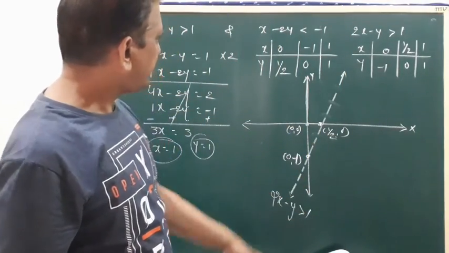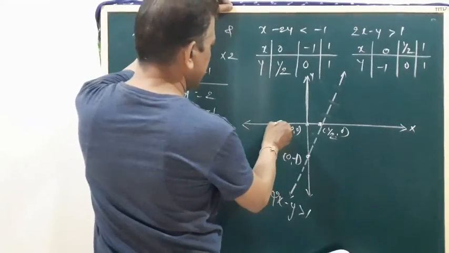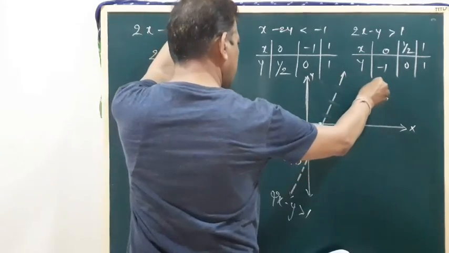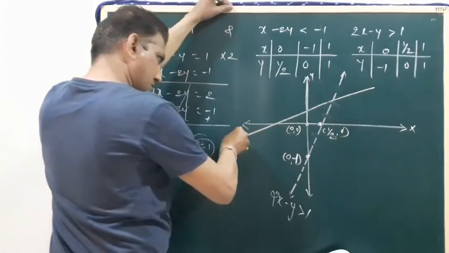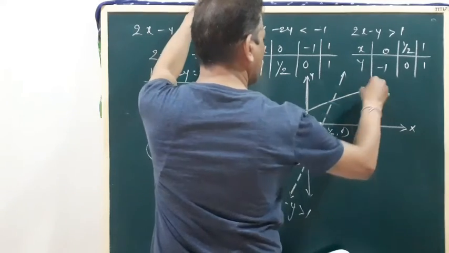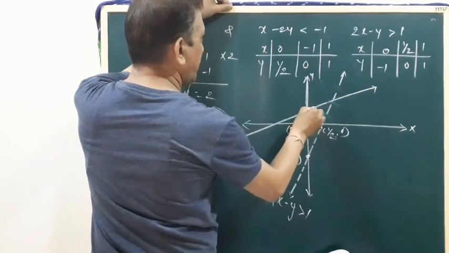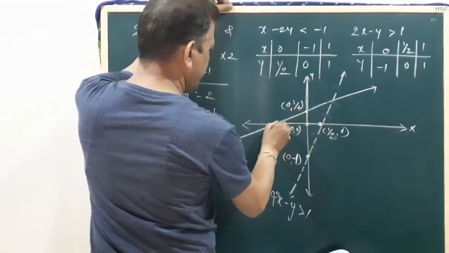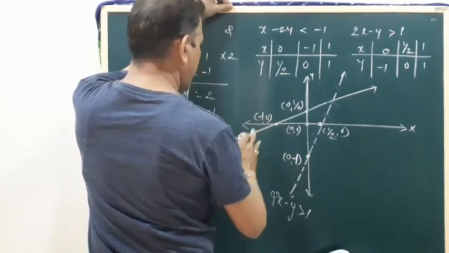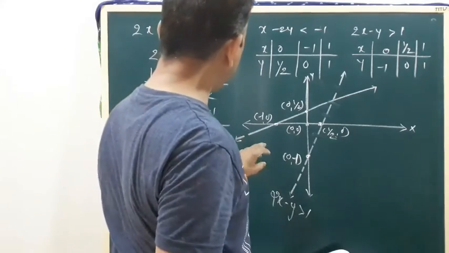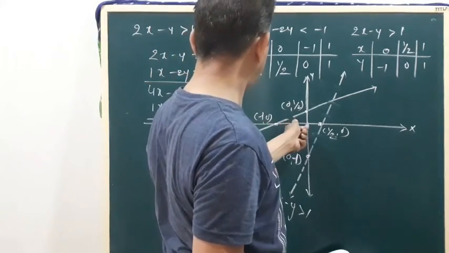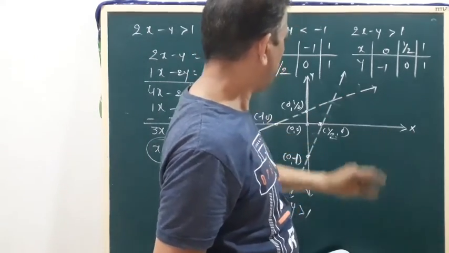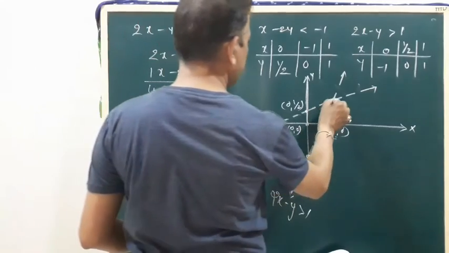Okay. Now minus 1, 0 is here, and 0, 1 by 2 is here. Intersection point is 1, 1. So we draw the points 0, 1 by 2 and minus 1, 0 here. First we draw both dotted. Okay, and intersection point is 1, 1.